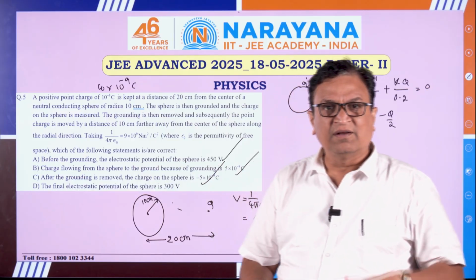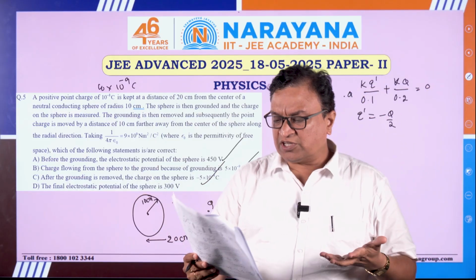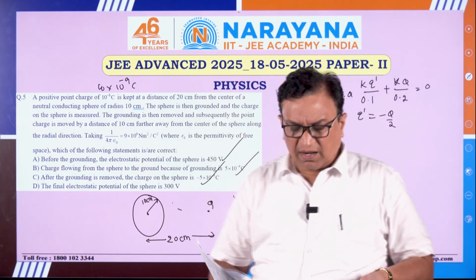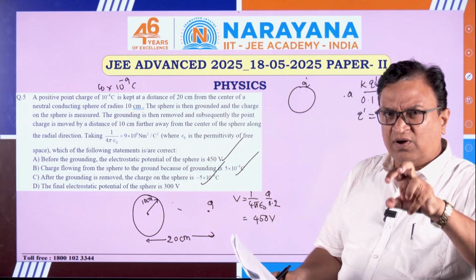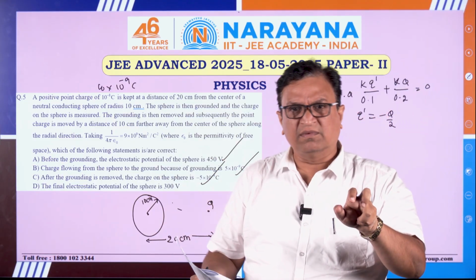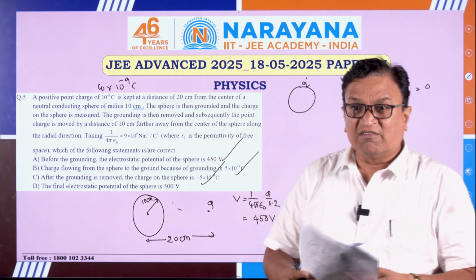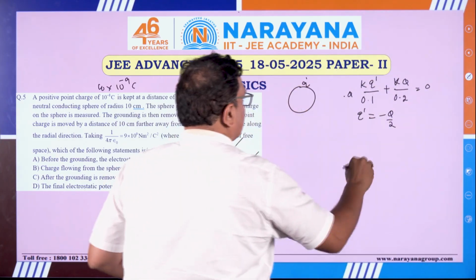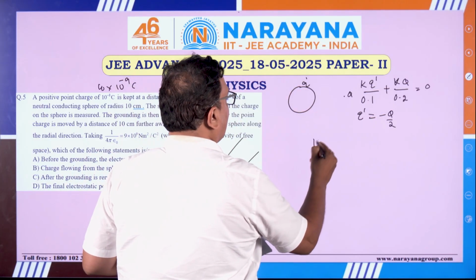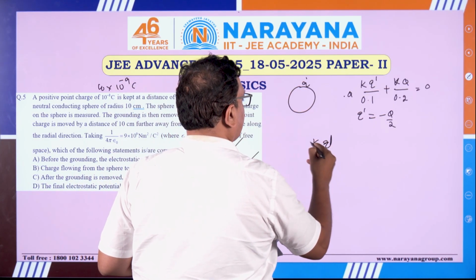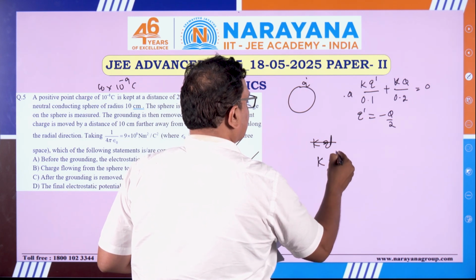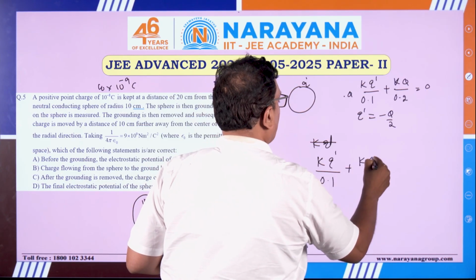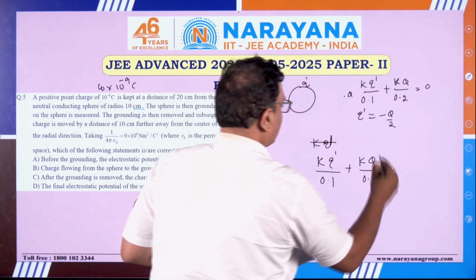Right. The final electrostatic potential of the sphere is, remember, if everything is the same, 0 I would have written, but you have disturbed that point charge. Now at the center, you will have kq dash by 0.1 plus kq by 0.3.